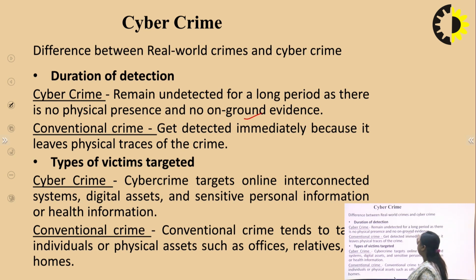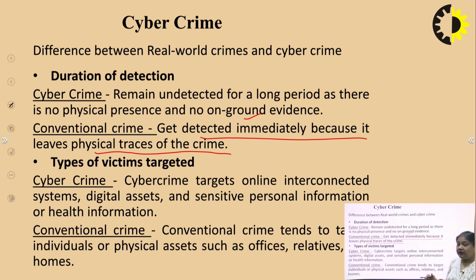But a conventional crime gets detected immediately because it leaves physical traces of the crime. If there is some stealing in the morning, somebody can see that something is stolen from their home. So that has been detected by having the physical traces of the crime. So this can be detected in a small time, we can say.